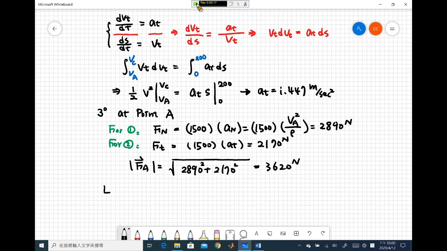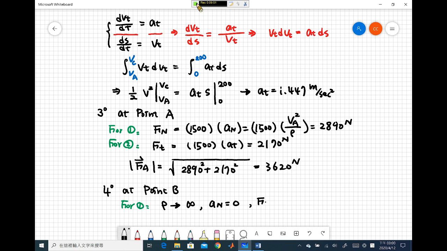Okay. At the point B, for Fn along the normal direction, because the curvature will be 0, the rho will be infinity, and your An will be 0.